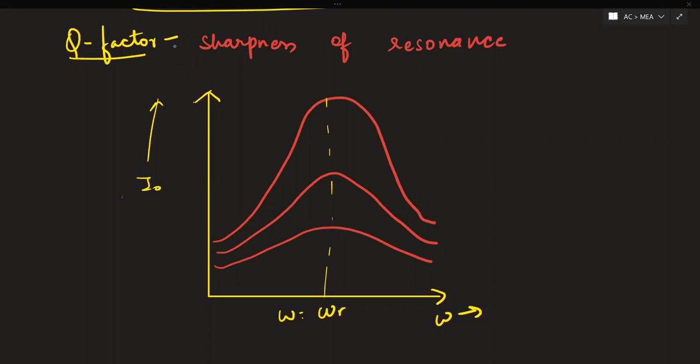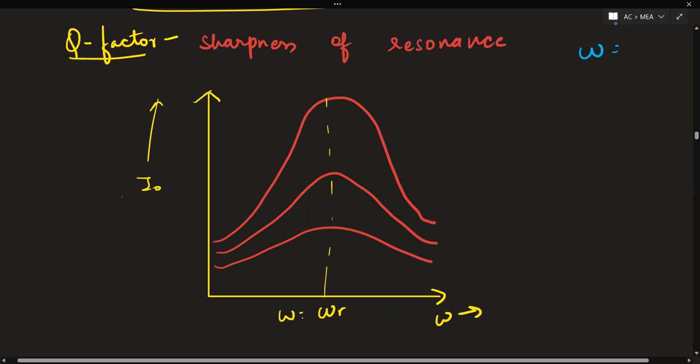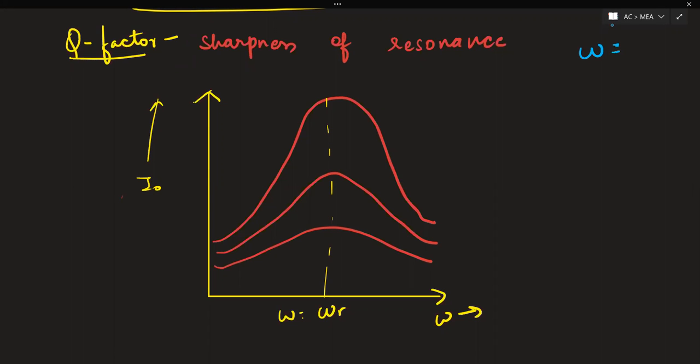What was the formula for omega at resonance? Sorry, teacher, I don't remember. See, it was 1 by under root LC. Fine. Now all of you will remember.